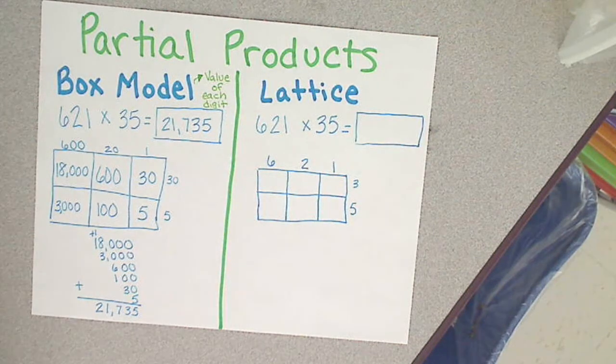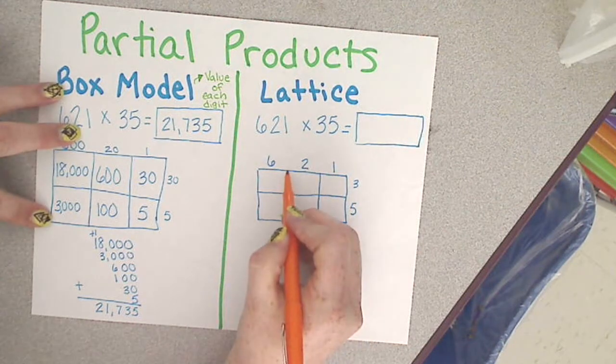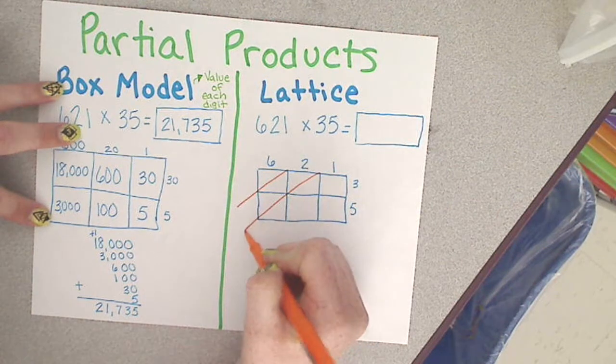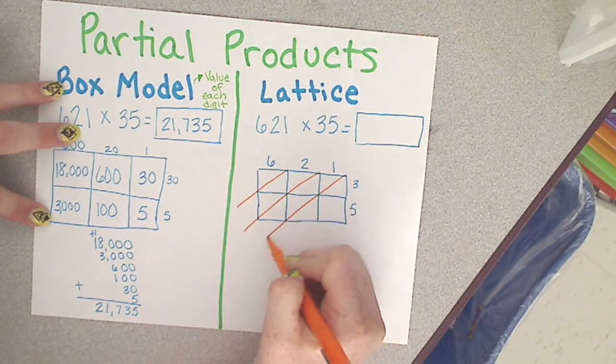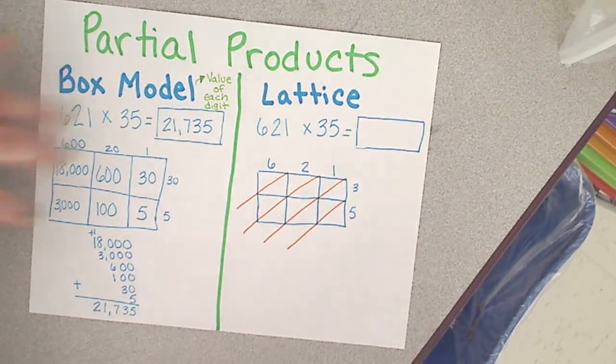Now is where a lot of students get tripped up. For lattice, you have to break each of these boxes into slashed rows like this.